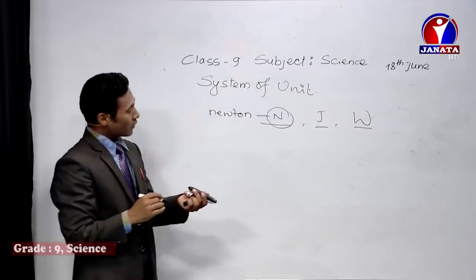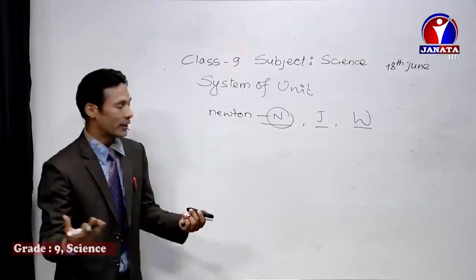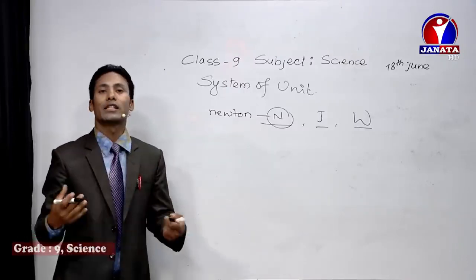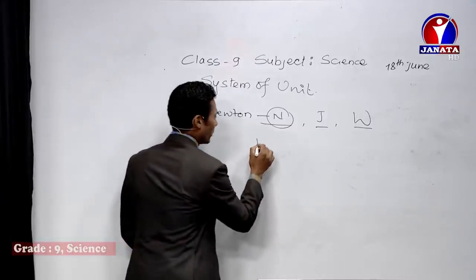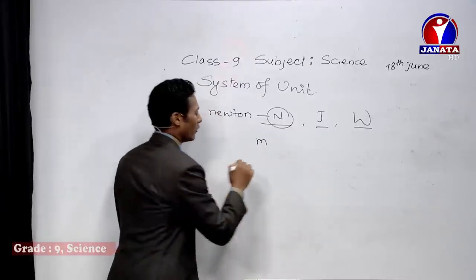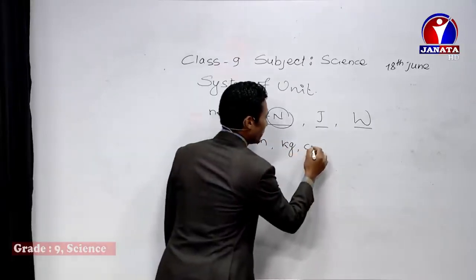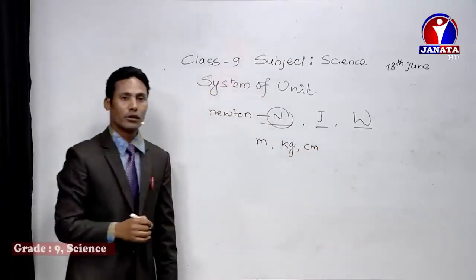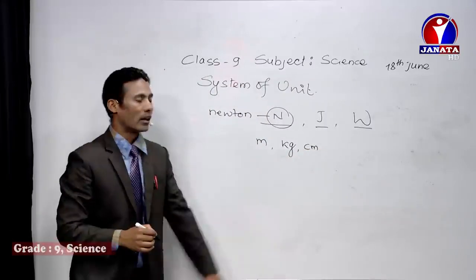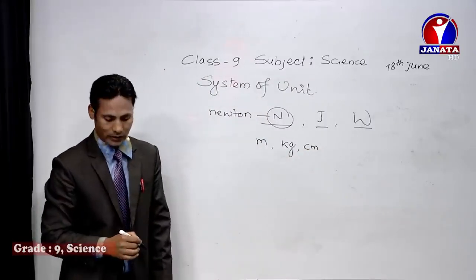Similarly, other usual symbols are written with the small alphabet. For example, meter is the small alphabet, right? Kilogram, kg also a small one, right? Centimeter also a small one. So other units we mention with the help of the small alphabet, right?